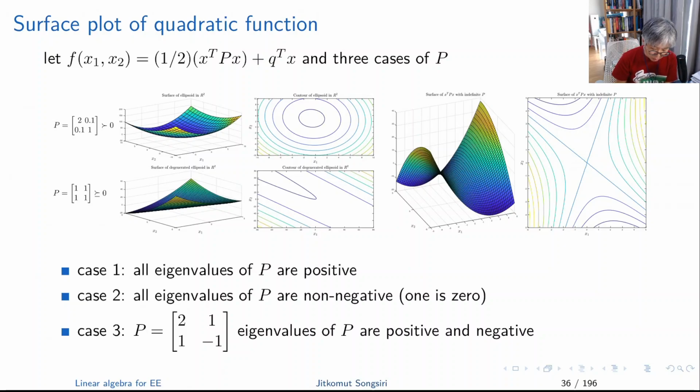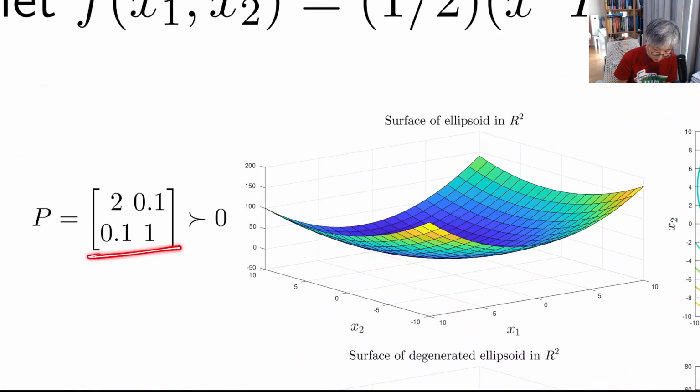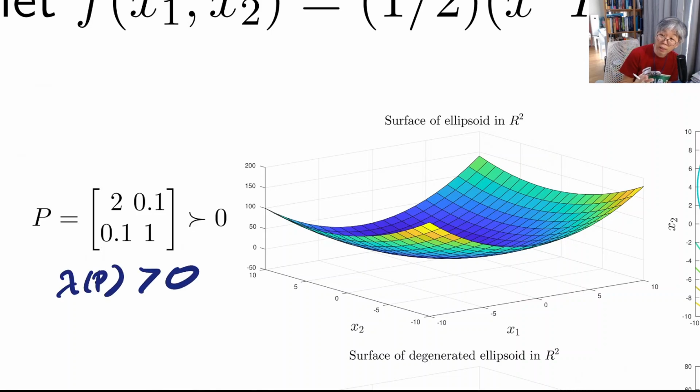Now some examples of my P. I have P equal to this matrix, all right? If I calculate all the eigenvalues of P, there are two eigenvalues in this case, and all eigenvalues are positive.